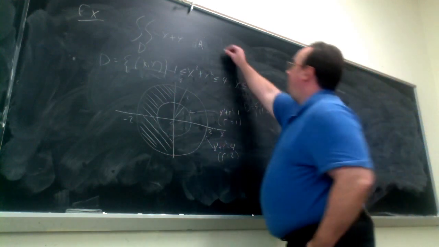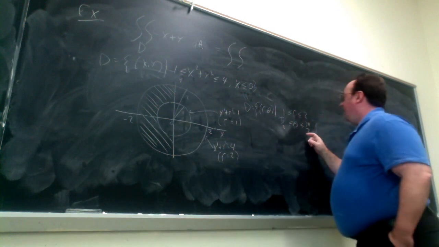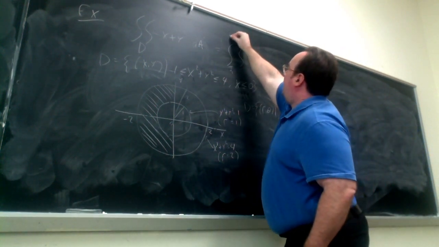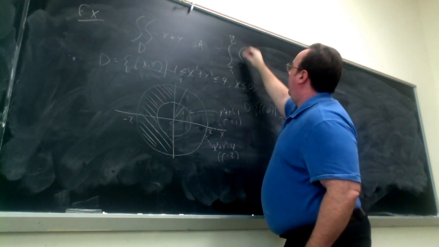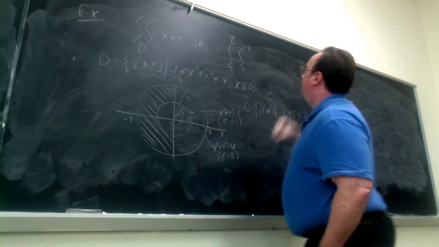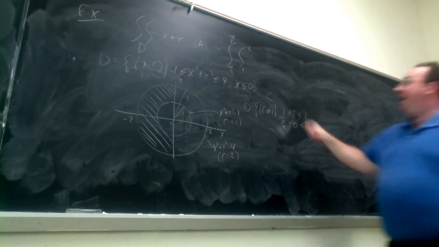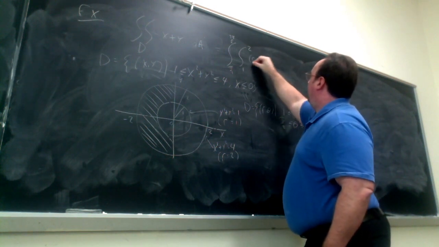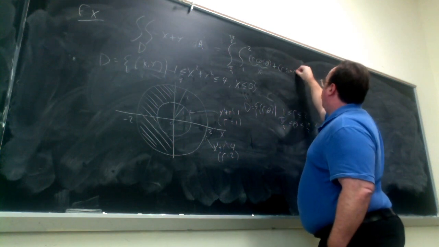So we can write this as the integral from pi over 2 to 3 pi over 2 in theta, and then 1 to 2 in r. And then we need to substitute in our integrand. X becomes r cosine theta, and then y becomes r sine theta.